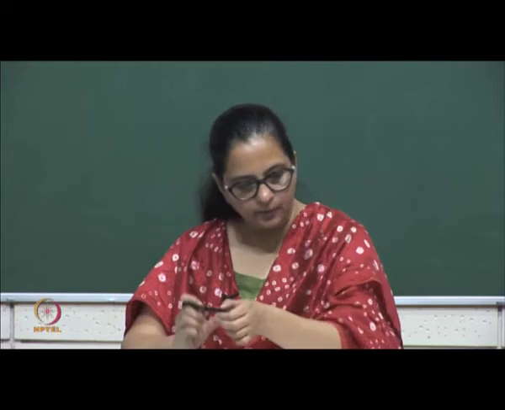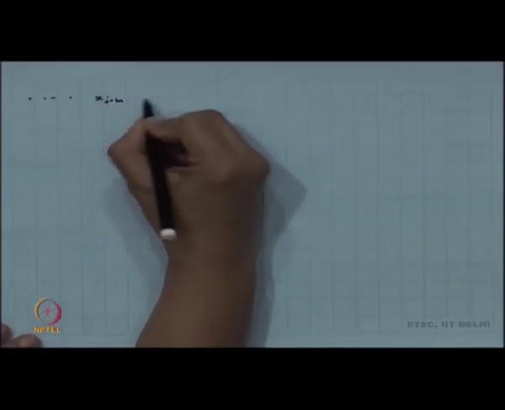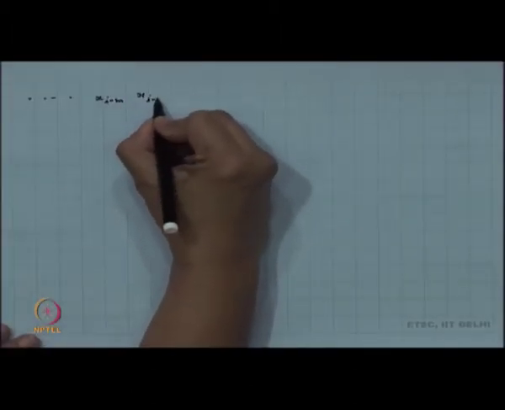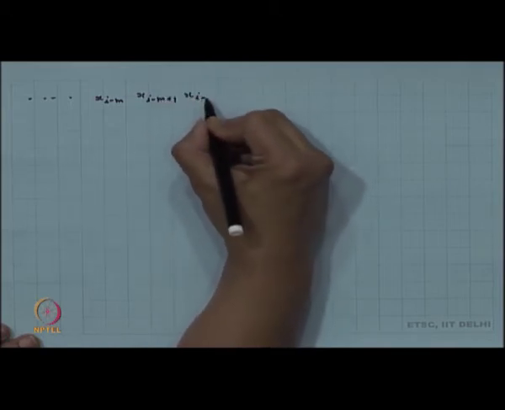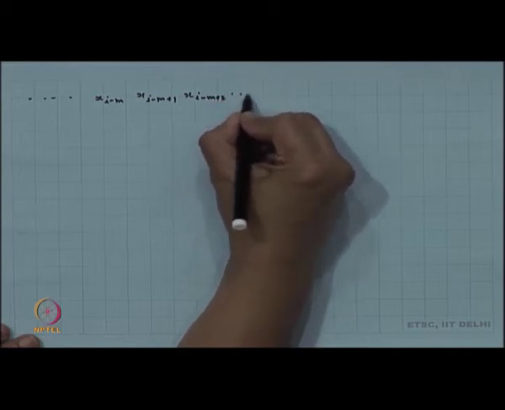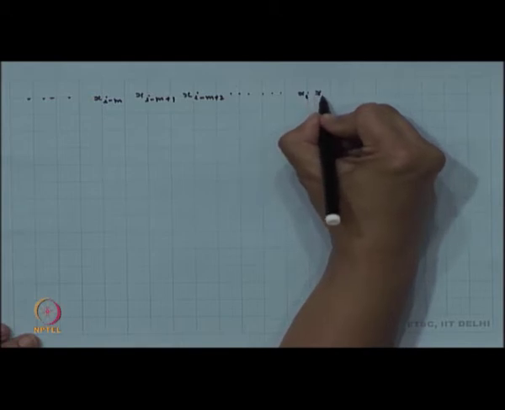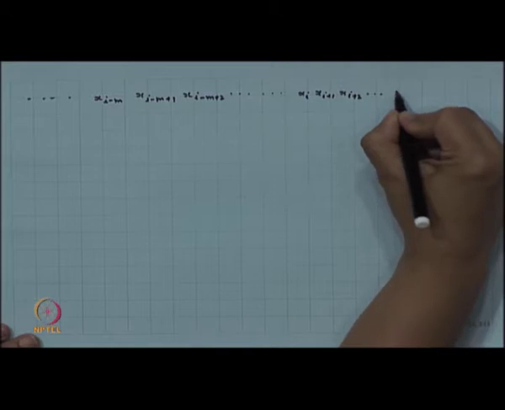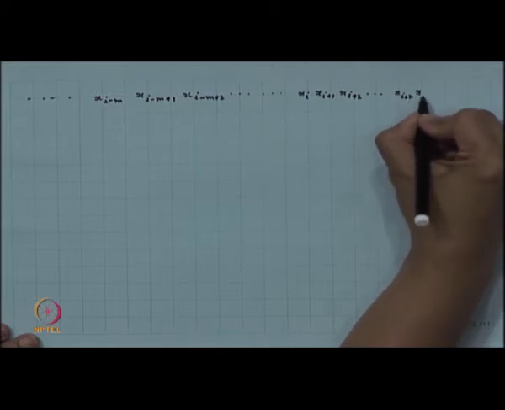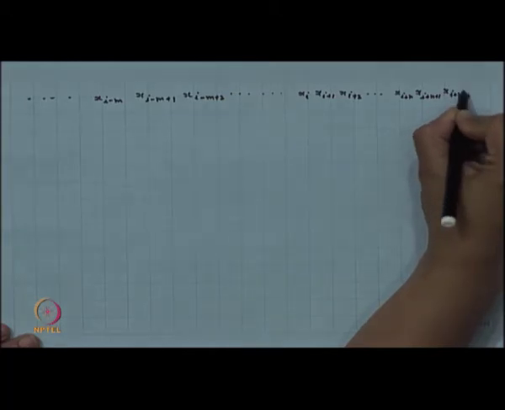So, let us look into this point. I have this x written with x_(i minus m), then x_(i minus m plus 1), then x_(i minus m plus 2), and this goes on. Then I have x_i, x_(i plus 1), x_(i plus 2), and this goes on, x_(i plus n), x_(i plus n plus 1), x_(i plus n plus 2), and this goes on.